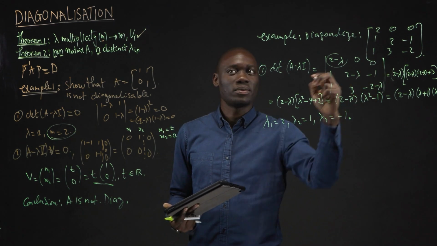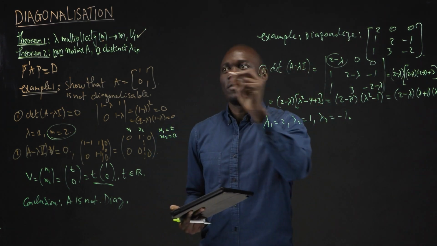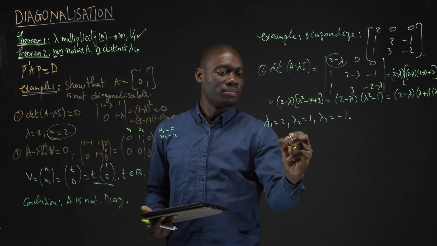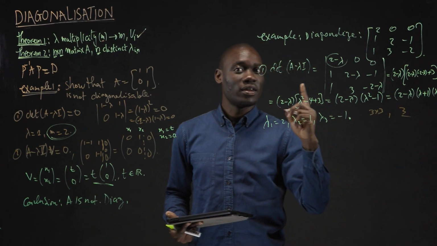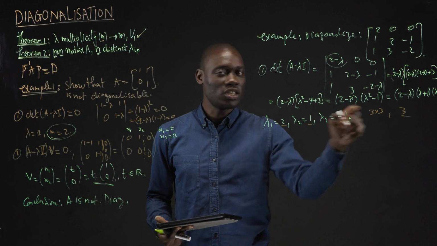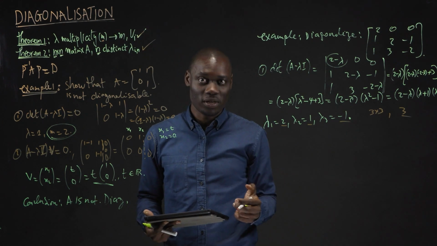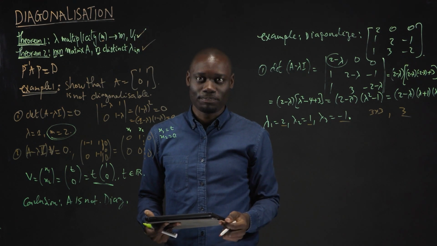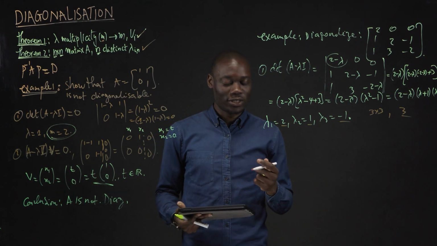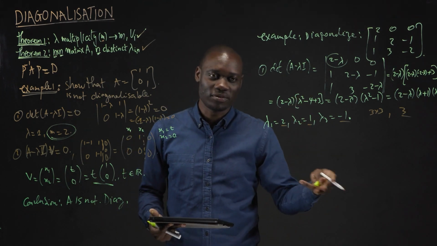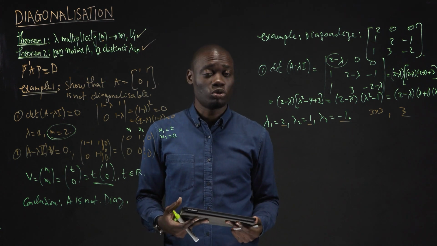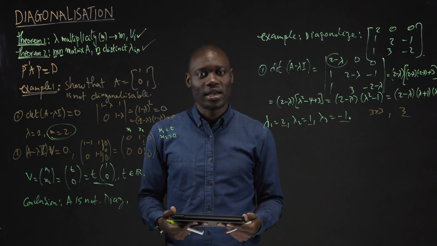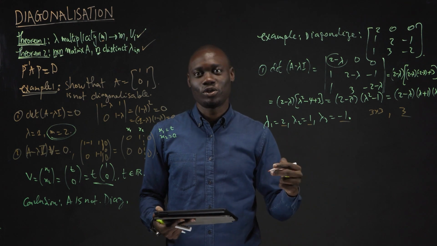In this case, we have a 3 times 3 matrix and we have 3 distinct eigenvalues. So this matrix, according to this theorem, will be diagonalizable. The objective here is not to derive the eigenvectors of each eigenvalue. By now, you should be able to do that and solve the rest of this exercise.